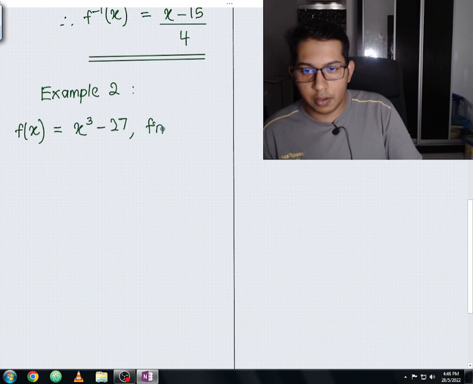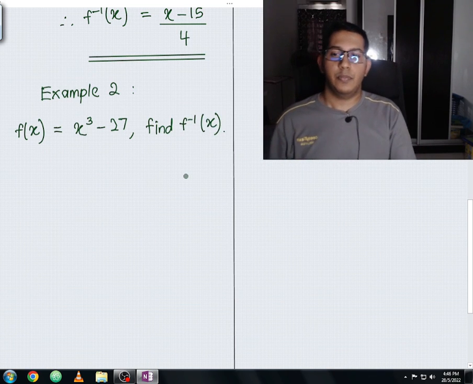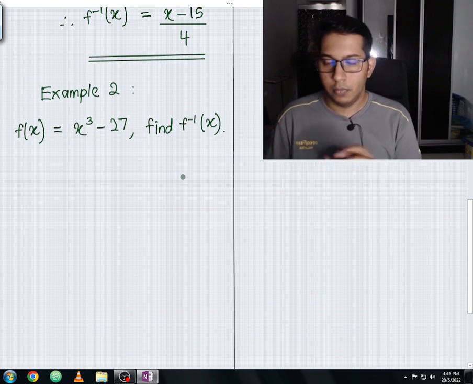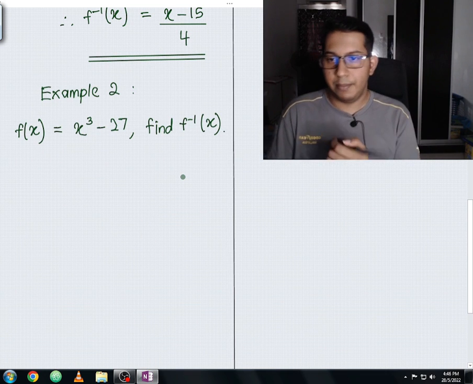So find f inverse x. So from here the similar step.